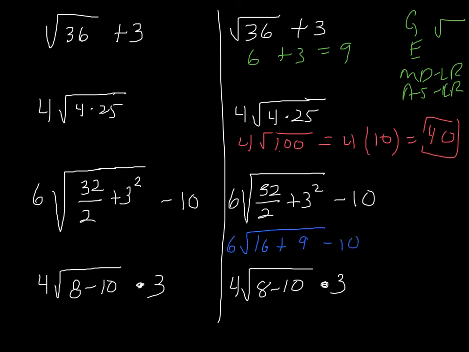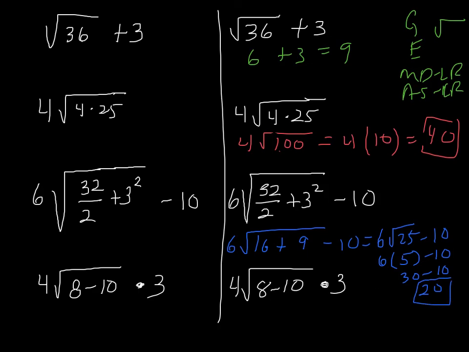So now I have this equal to 16 plus 9 is 25, so the square root of 25 is 5. I'm going to take it out of the square root symbol. I turn it into a parenthesis, minus 10. 6 times 5 is 30 minus 10, which is 20. So that's my answer right there, 20.